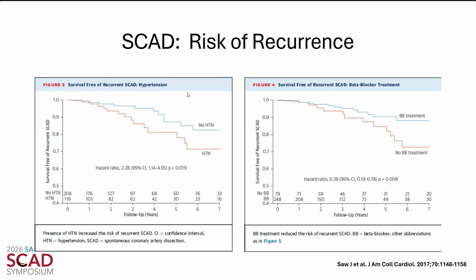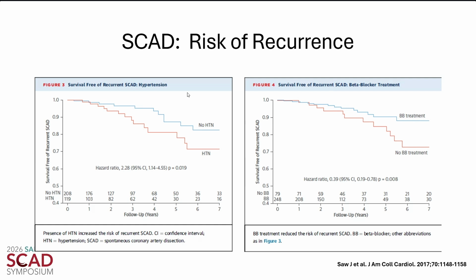But let's pay attention. On the left, we have the role of hypertension. On the right, the role of beta blocker treatment. Here is what you see on the left. The hazard ratio, and this is following out to about 7 years, of untreated hypertension is 2.28. So that's quite high. You look here at the risk of recurrence shown in blue with no hypertension, shown in red with hypertension.